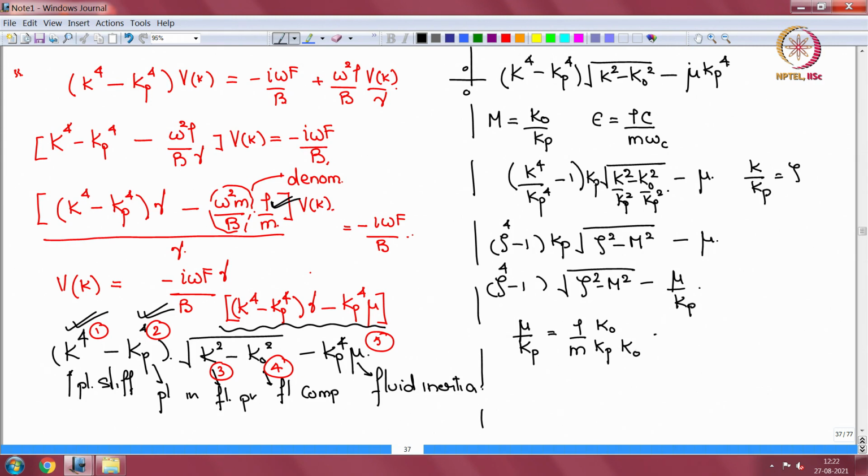So this is equal to rho by m, k0 is omega by c, and kp by k0.